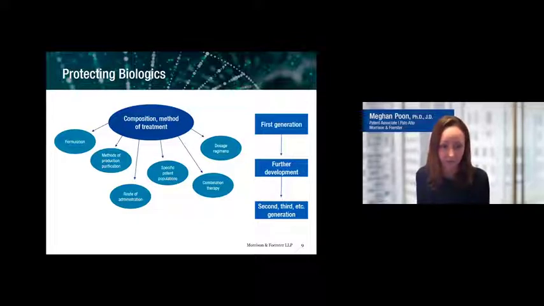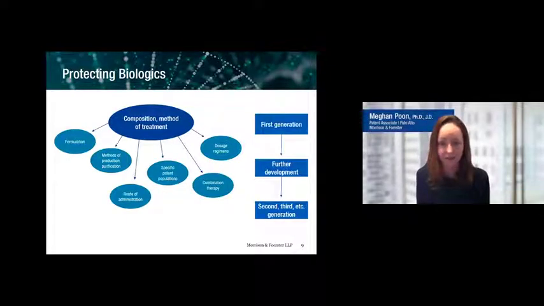For example, formulations, methods of production and purification, routes of administration. For example, can you administer your therapy intravenously versus subcutaneously? Additional specific patient populations: let's say you develop a biologic and you know that it has anti-tumor effects.